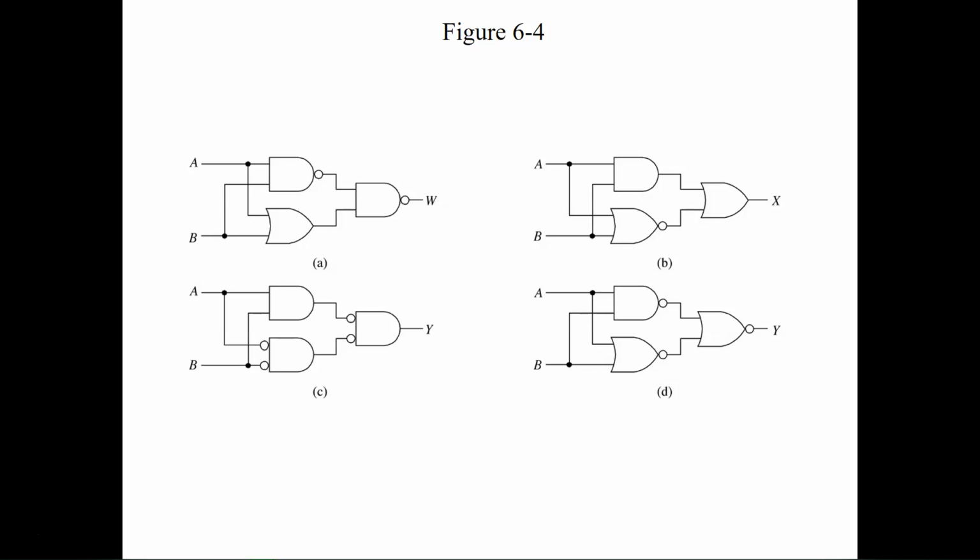This first one is an AND gate. What are the other two? A NOR and an OR. A NOR and an OR. Everybody see that? Yes, ma'am. All right.